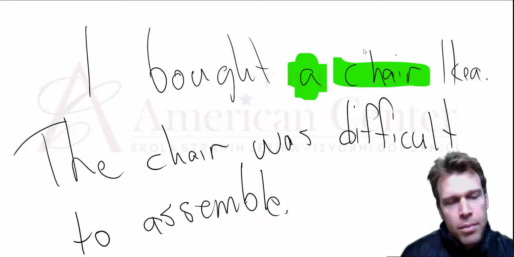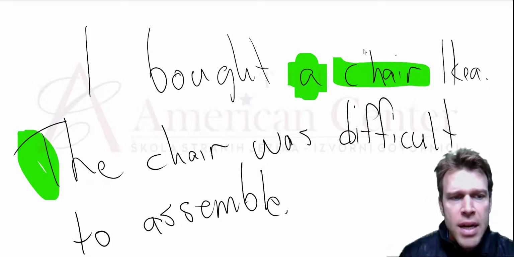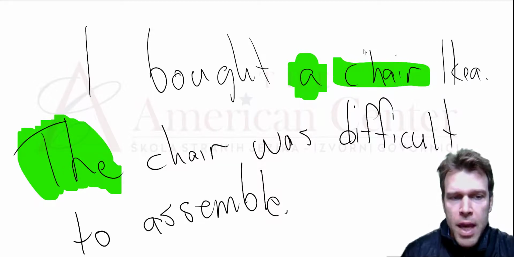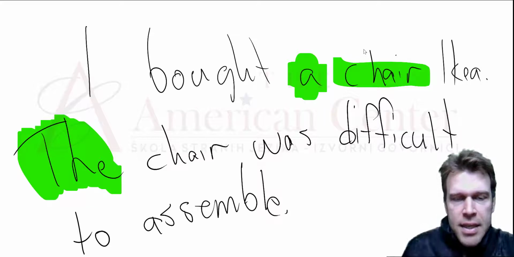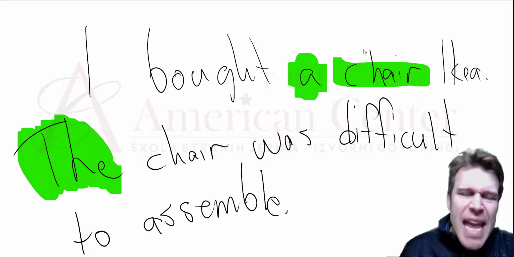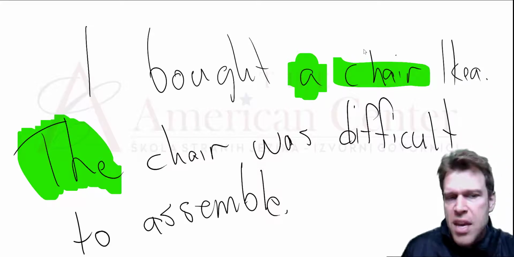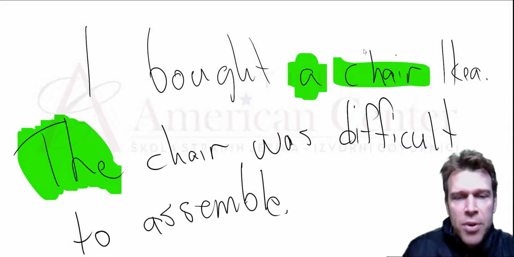the reasoning behind this, okay, now the is called a definite article, okay? It's specific. It's not any. A, or an, is synonymous with any, all right? The is very specific, concrete.